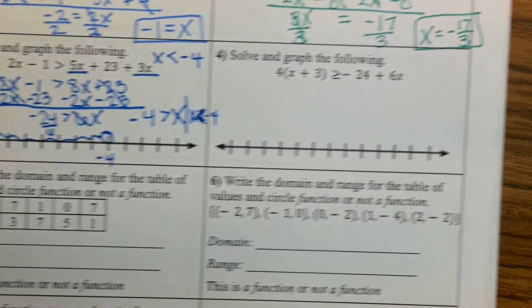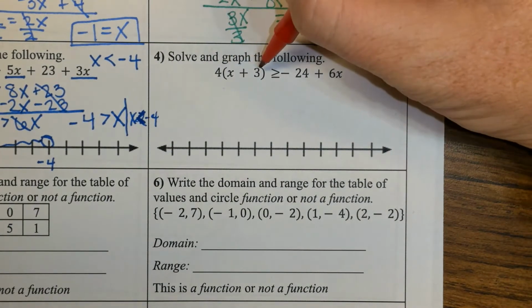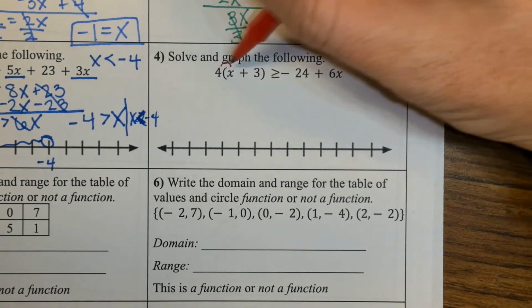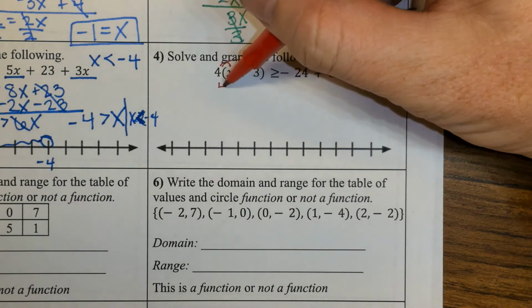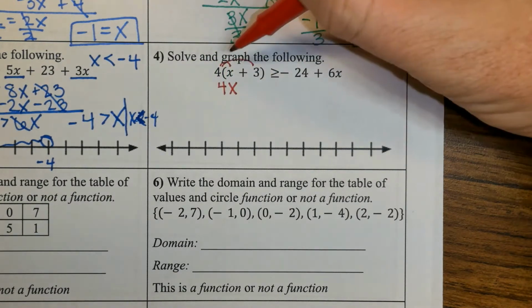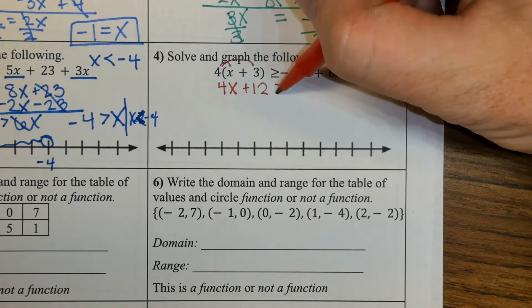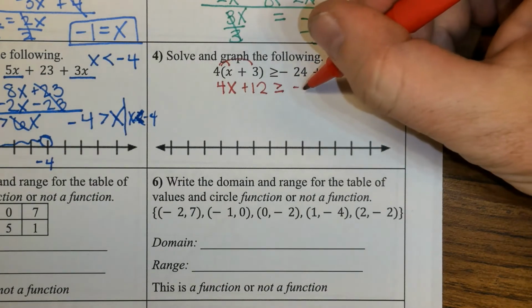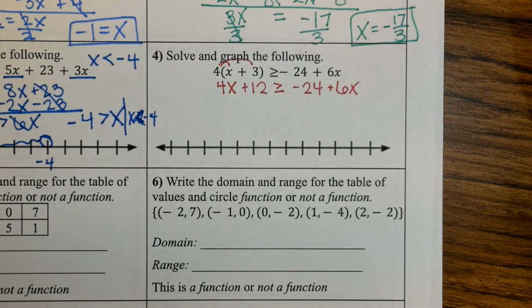And look, 4, I'm going to do the same thing, solve and graph. Only this time I have parentheses, which means I distribute. So I'm going to have 4 times x is 4x. 4 times 3 is 12. Inequality doesn't change, and then I can't do anything over here. Okay?